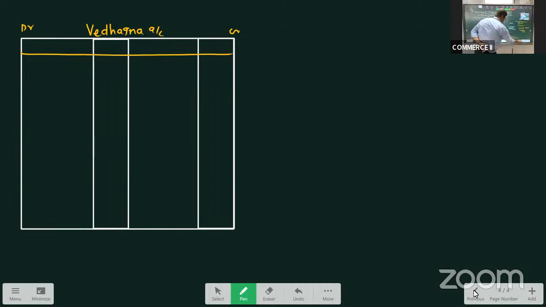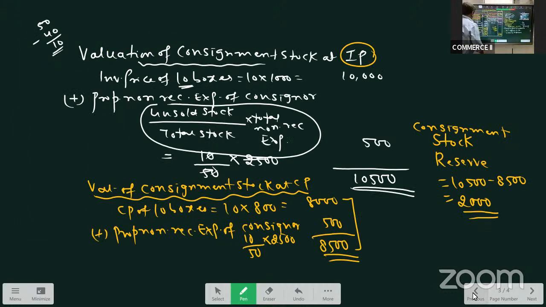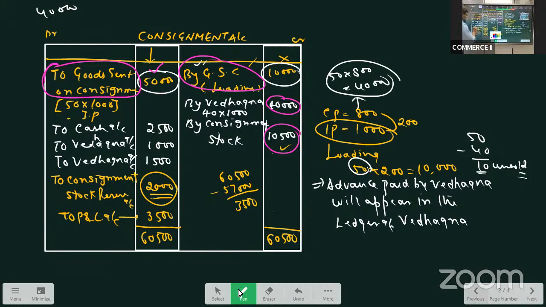Who is consignee? Vedagna. Consignee account is prepared directly by copying from consignment account only. Wherever Vedagna is there, those entries will come on the opposite side in Vedagna account.